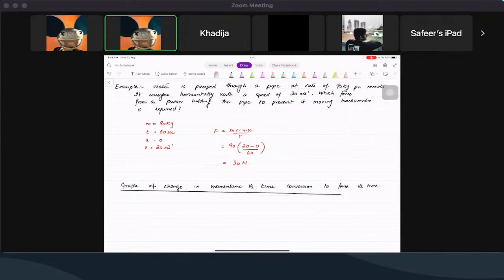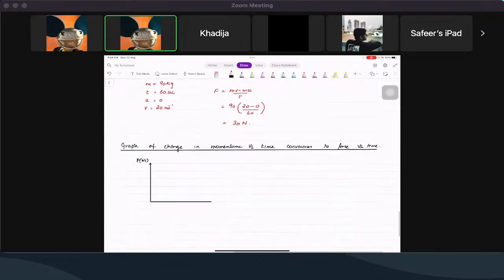So suppose that you have a graph given, with momentum in Newton seconds and the time in seconds, and they have given you just this line. You need to understand that if you find the gradient, like I've told you before, it would be change in momentum over change in time, which tells you about the force.